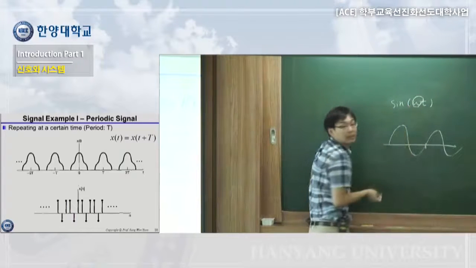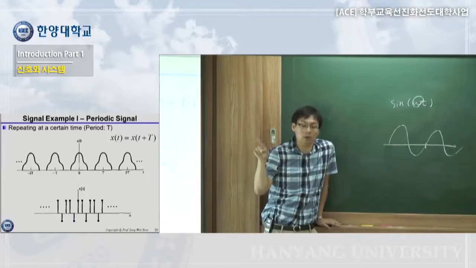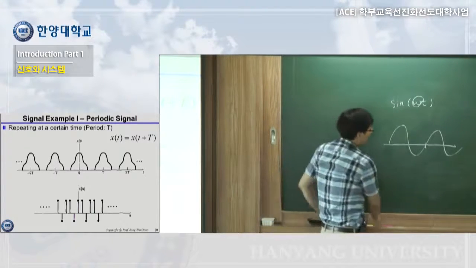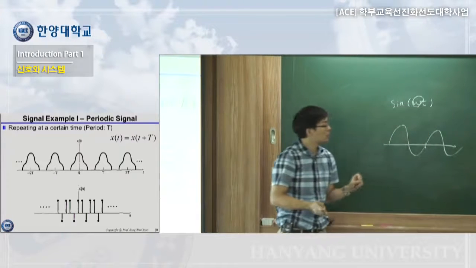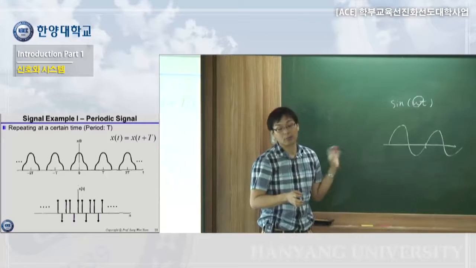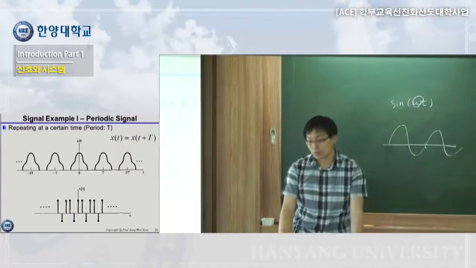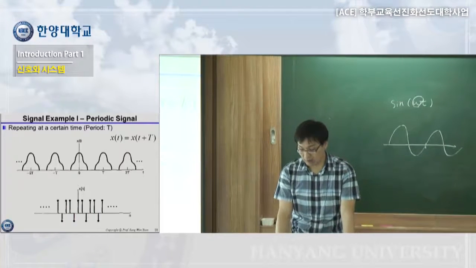We can define it based on the frequency: one divided by frequency. That's a period. So they're repeating by a certain time period. And we define a periodic signal in the same way: repeating at a certain time, having a period of T.